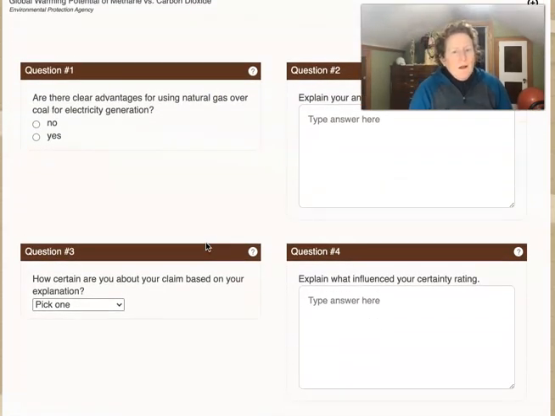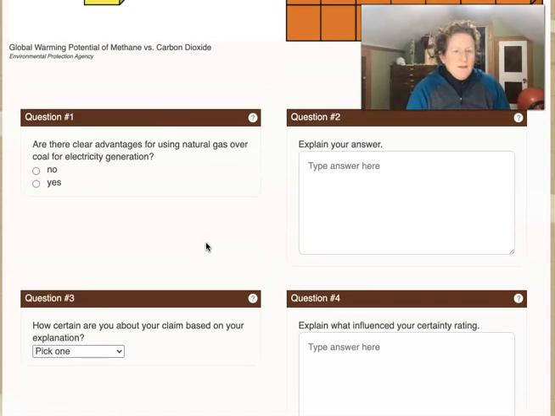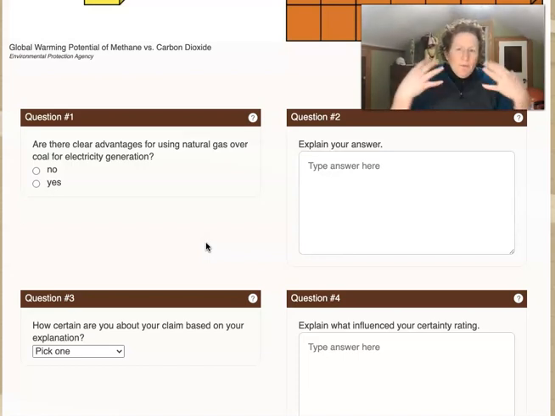How certain are you about your claim based on your explanation? Well, I know coal produces sulfuric acid, which comes down as acid rain. It also produces a number of particulates. Particulates are tiny little particles that we breathe in.